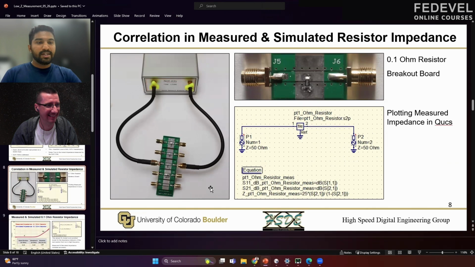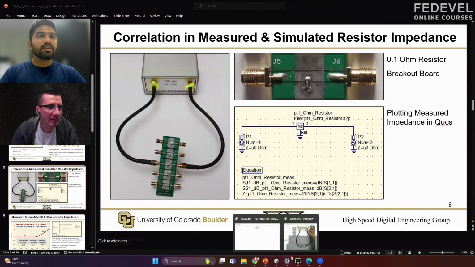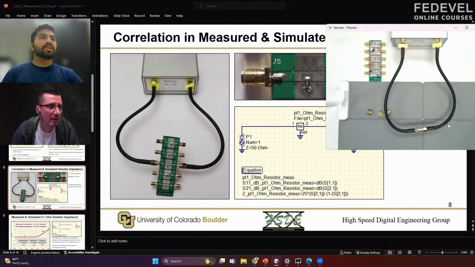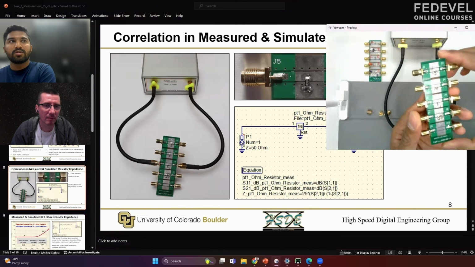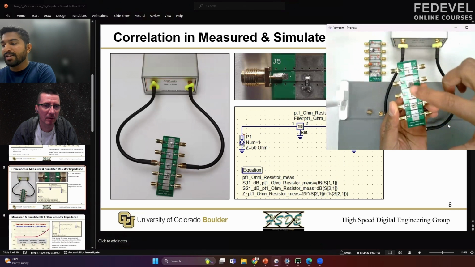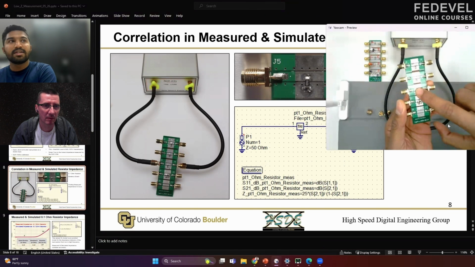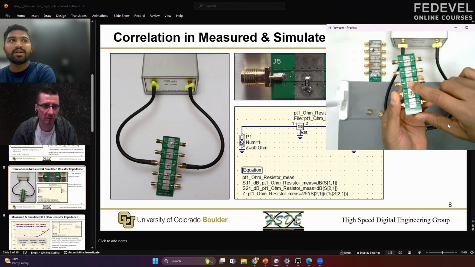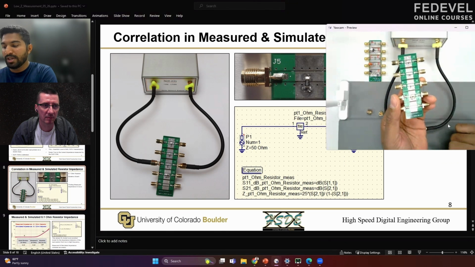So this is how our test structure setup is going to look. This is our device under test. As you can see, it's a 0.1 ohm resistor on the breakout board. If I want to show you that here, this is the board that we have. It has many resistors on it, and this resistor here is the one that we are planning to measure now. It's a 0.1 ohm resistor.